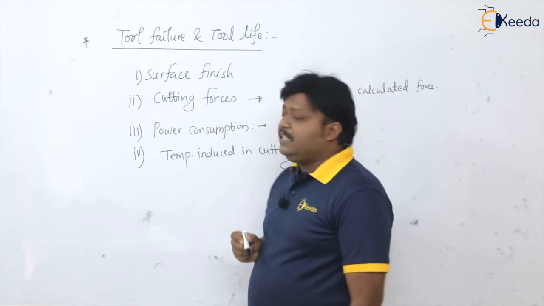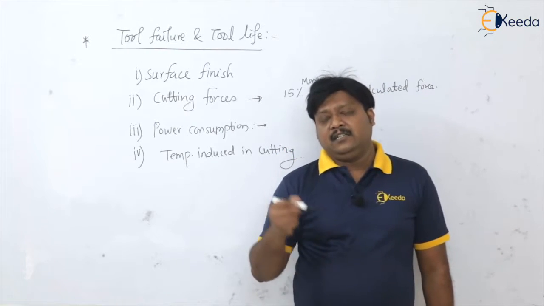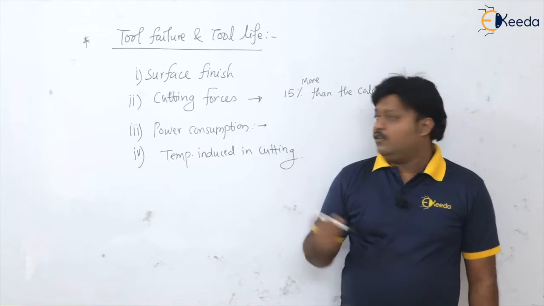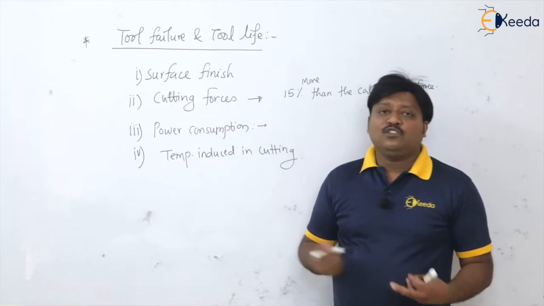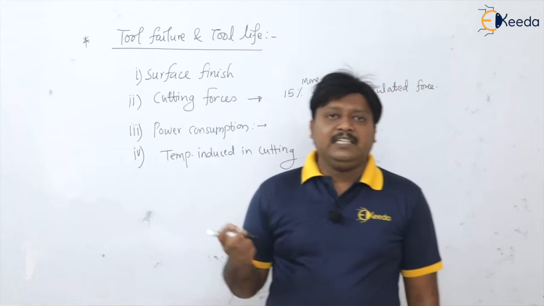Same thing about the power consumption. See, if you put the ammeter at the input of the electrical motor for the calculation of power, you can measure the current drawn by the motor, isn't it?